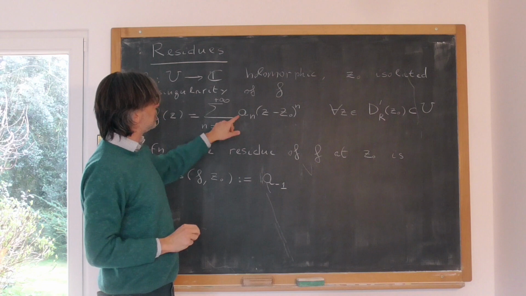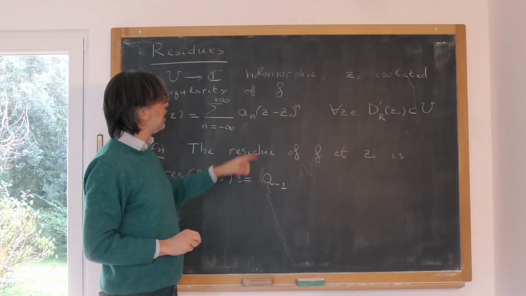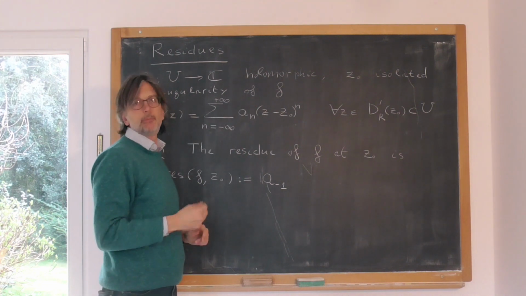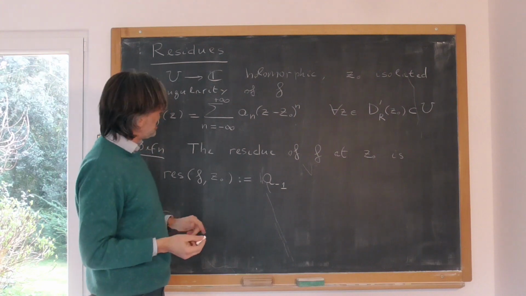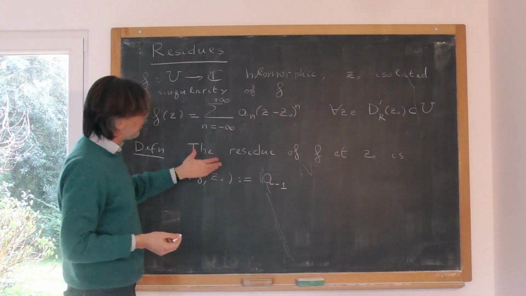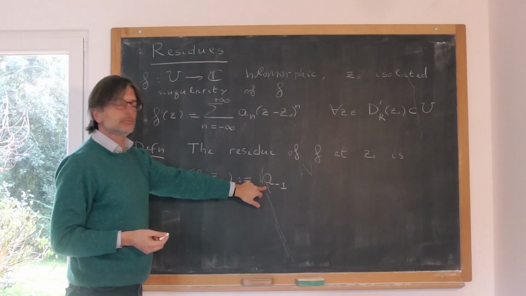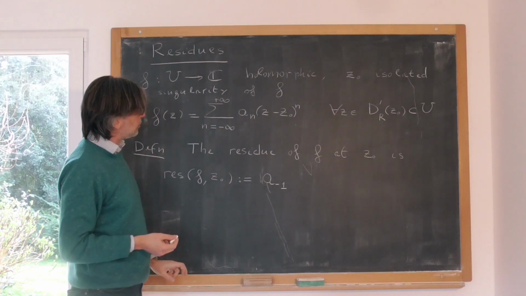In other words, it's the coefficient of the term 1 over (z minus z0). And what's special about this coefficient minus 1?